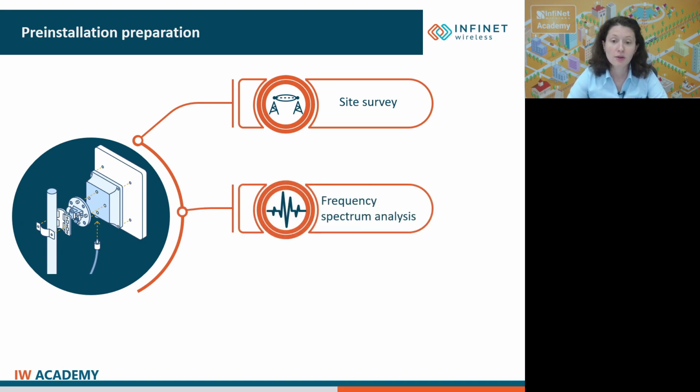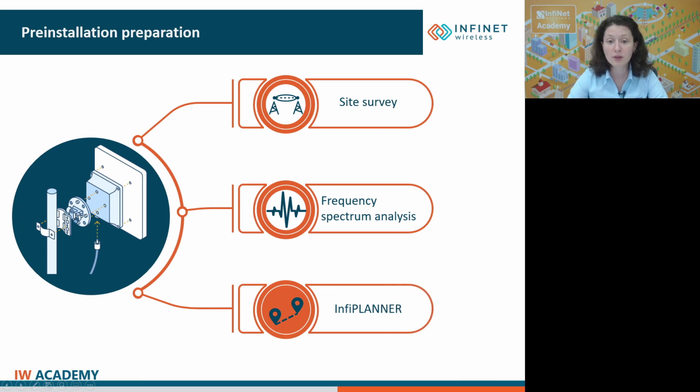Next, you should perform a frequency spectrum analysis in order to determine the interference levels and choose a clear frequency range. These are very useful input data for the wireless link planning phase. And the InfiLINK is a link planning tool which allows you to design networks using InfiNet Wireless devices for optimal deployment and cost effectiveness.